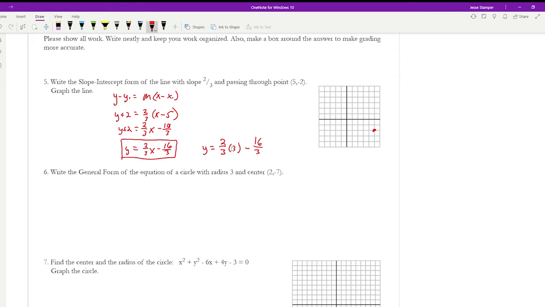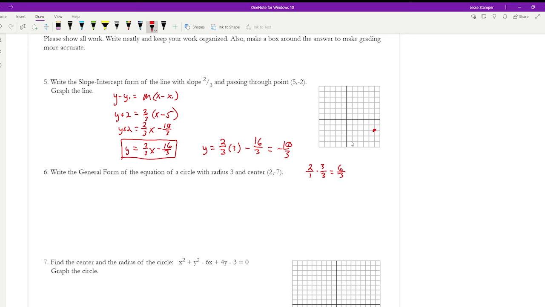Well, 3 times 2/3 is 2. 2 minus 16/3, we're actually going to get a negative 10/3, because 2 over 1 times 3 over 3 equals 6 over 3. And if we have a positive 6 over 3 minus 16 over 3, we get a negative 10 over 3.